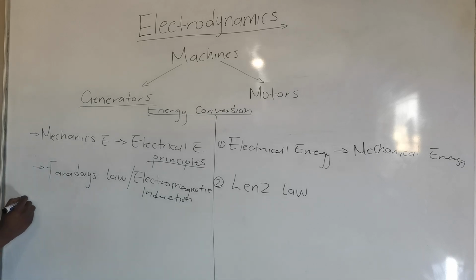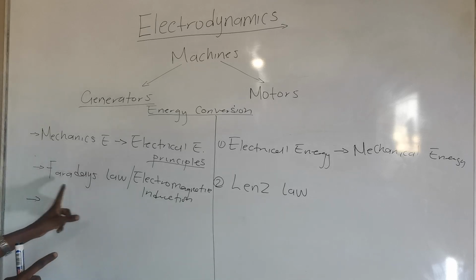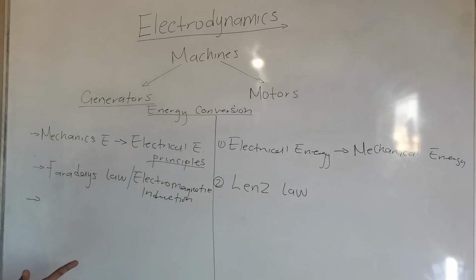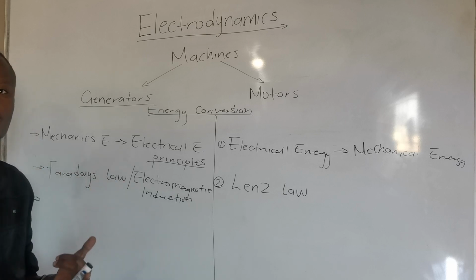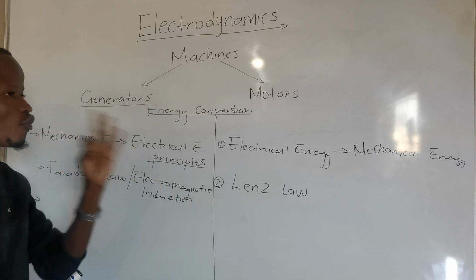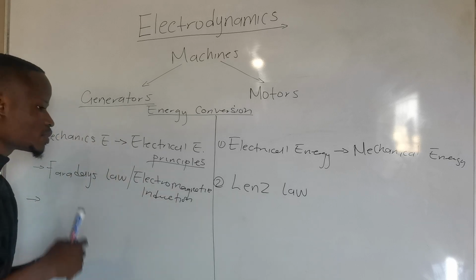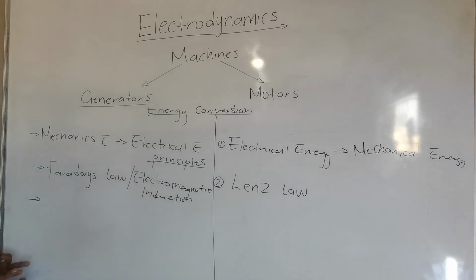Alright, now let us get into it one more time. Now we know that the Faraday's law gives us the relationship between the current, the magnetic field, as well as the force or the rotation. Some prefer to call it the rotation. So the relationship between these three things, it is the Faraday's law.